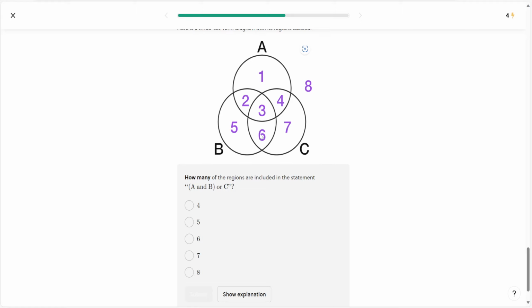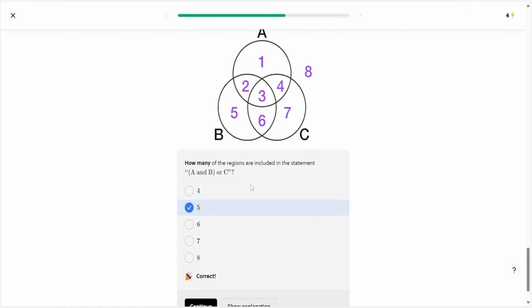Right, I'm going to guess 5. A and B or C. Yeah, let's go for 5. Yeah, happy days. So it's not A and B. It's the combination of the two.